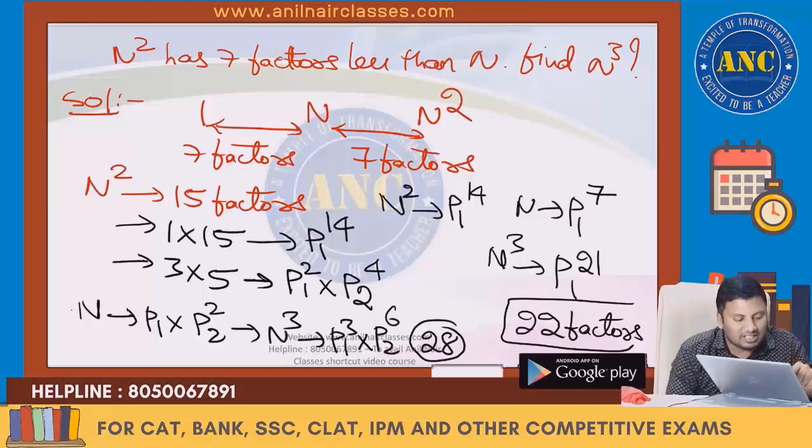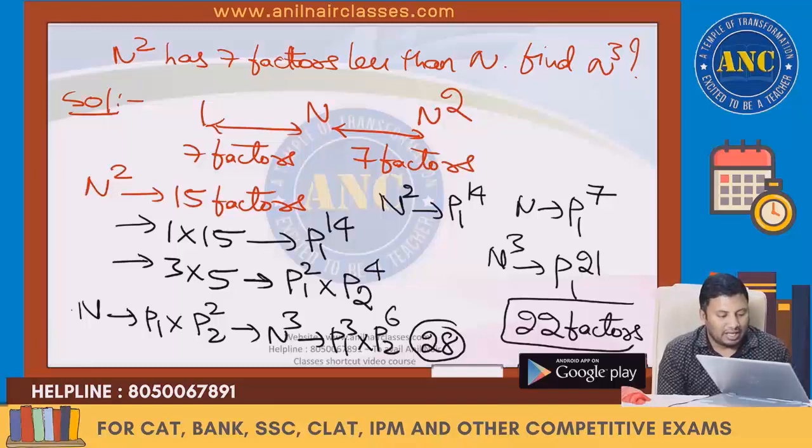In the previous one I took n instead of n square. Actually it should be n square. N square has 15 factors. So 15 means power 14. N square is P1 power 14. N will be P1 power 7.